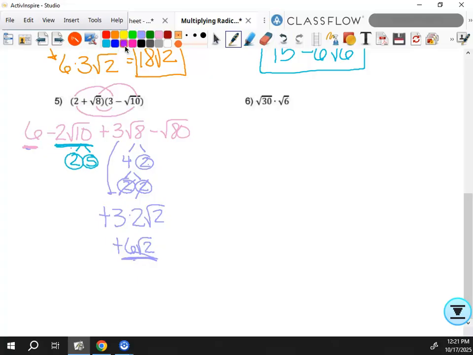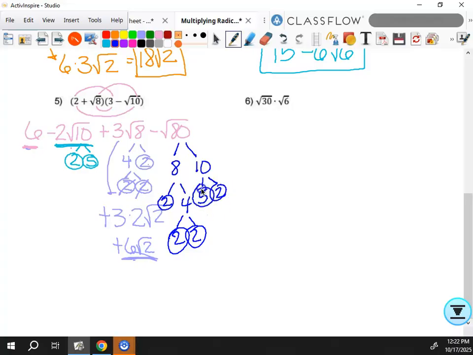Then I have 80. So I can make that 8 and 10. Can make the 8, 2, and 4, the 4, 2, and 2, 10, 5, and 2.